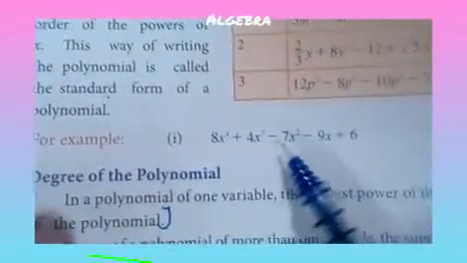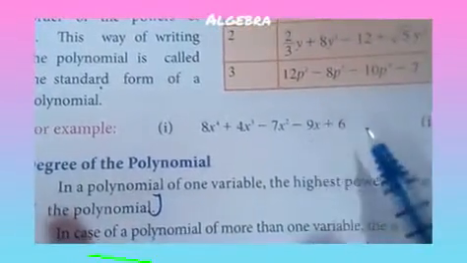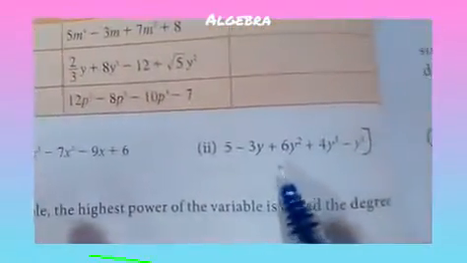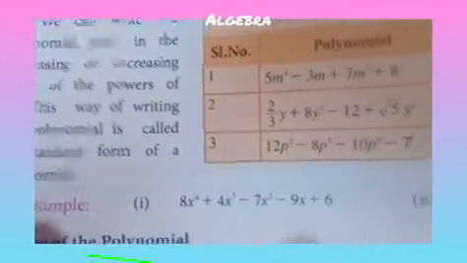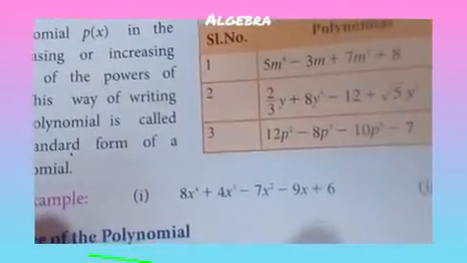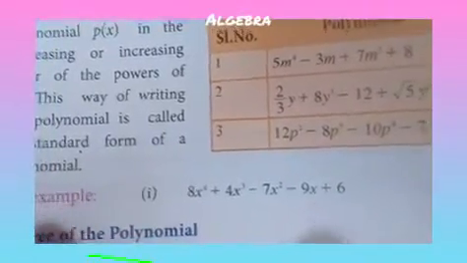For example, the first expression 8x power 4, x cube, x square, then power 1, then constant, is in decreasing order. Arranging the terms power-wise, from highest power to lowest power or lowest power to highest power, is called the standard form.